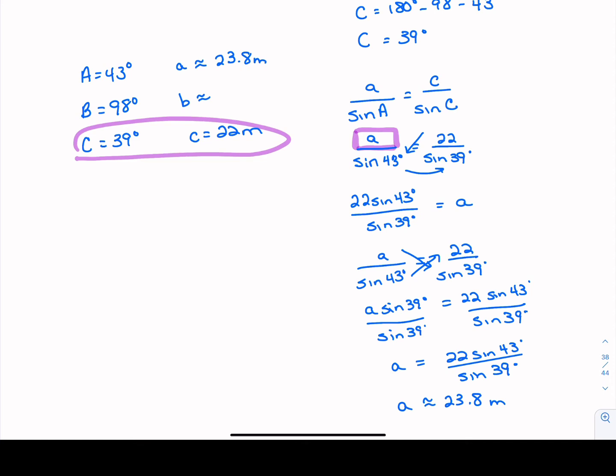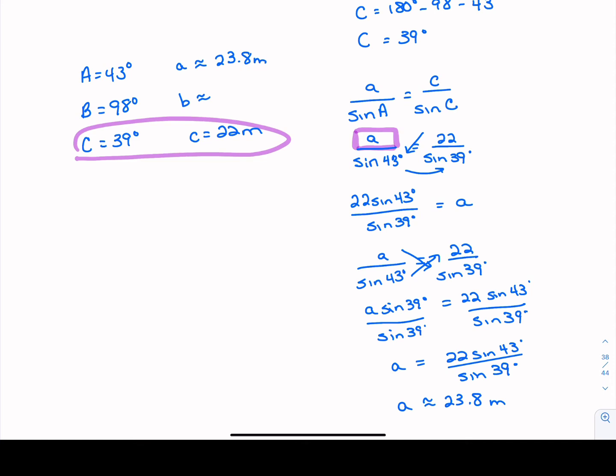It would be very illegal for us to use Pythagoras' theorem because Pythagoras' theorem is reserved for right triangles. We can't use SOHCAHTOA either because, again, SOHCAHTOA is reserved for right triangles. So what we have to use in this case is another portion or set of ratios from our sine law.